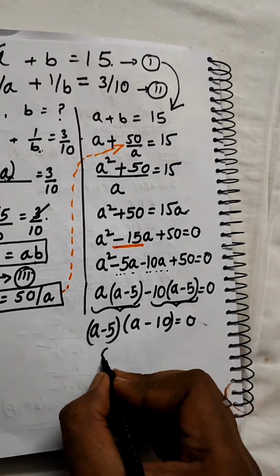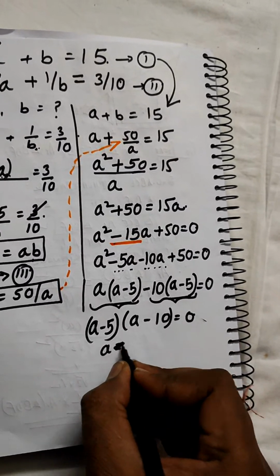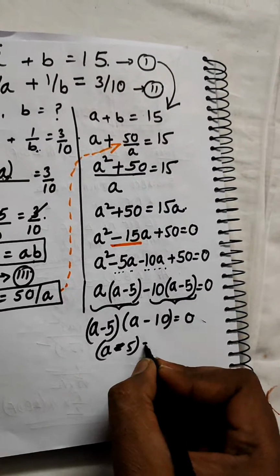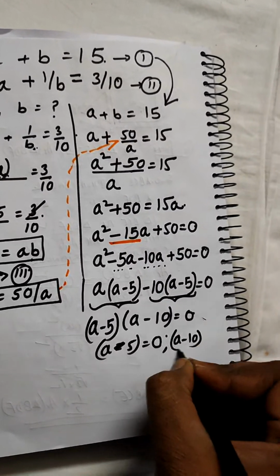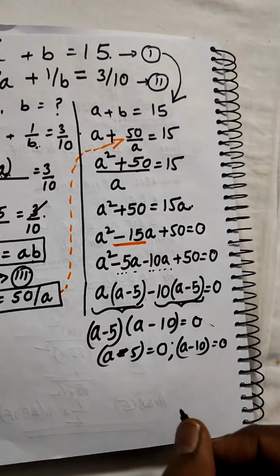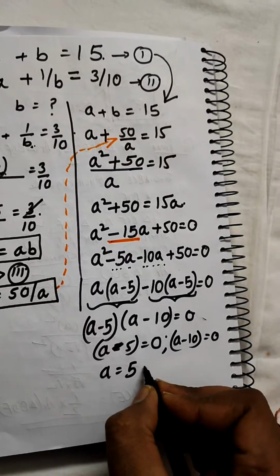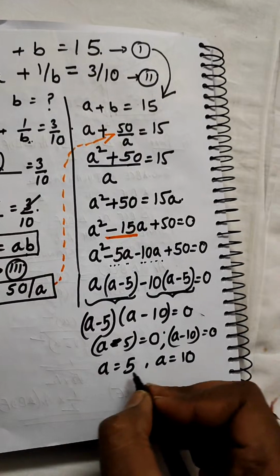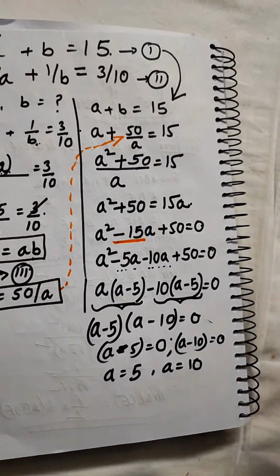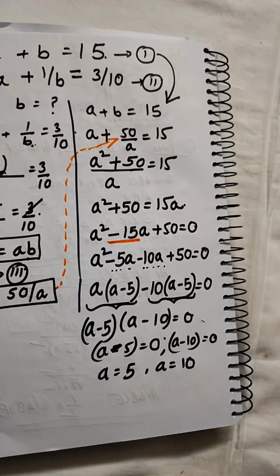So on solving, A minus 5 equal to 0 and A minus 10 equal to 0, and finally you are getting A as 5 and A as 10. So two answers are available, that is A equal to 5 and A equal to 10, right?